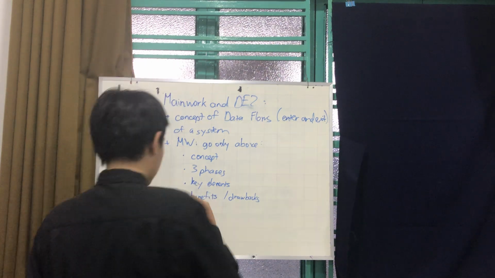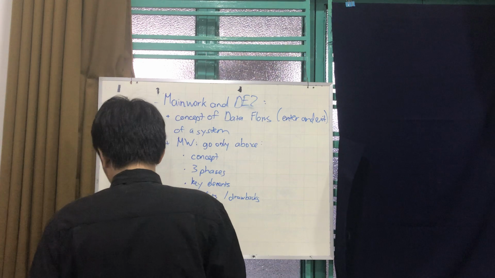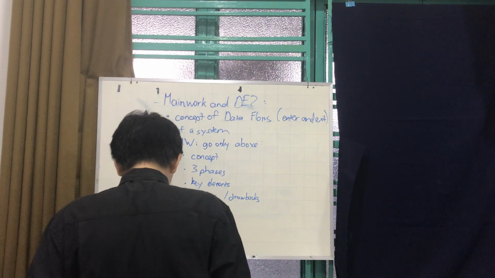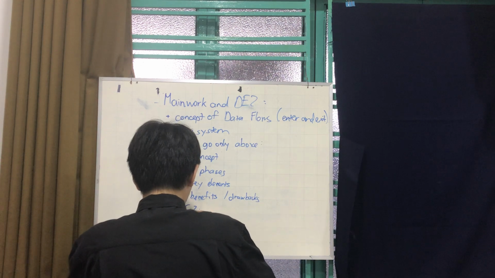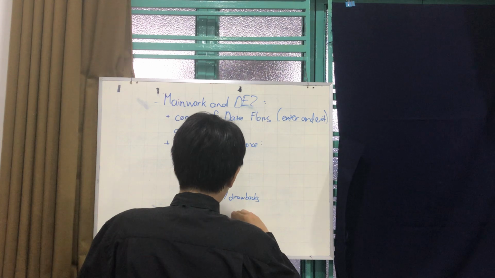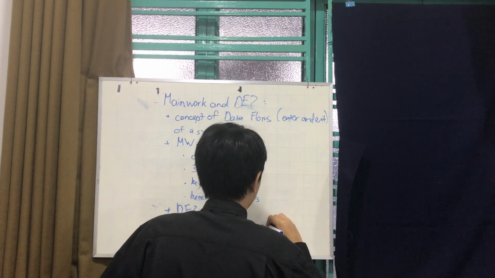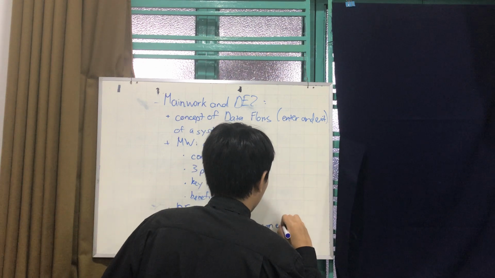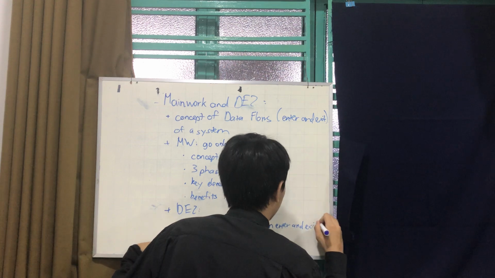So my second DE, D2, I will cover what type of data can enter and exit a system.